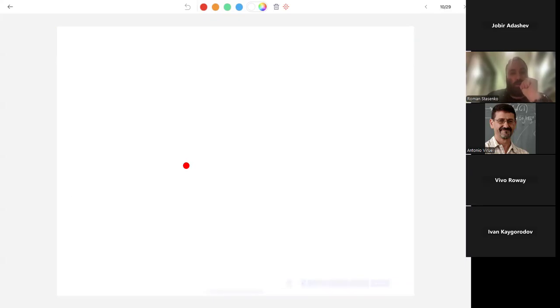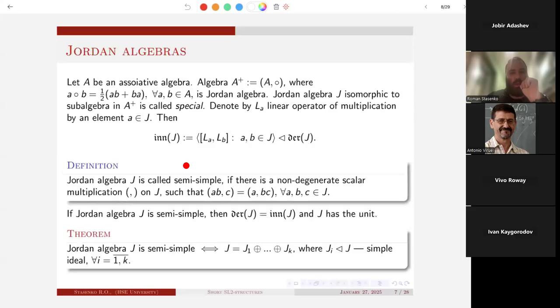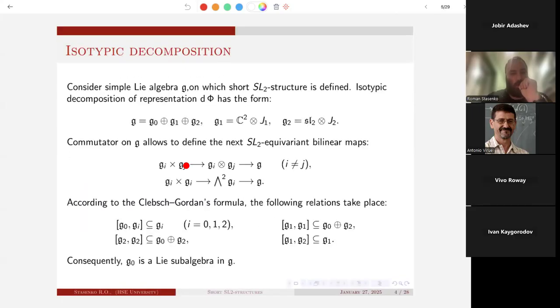So we can use the commutator on the Lie algebra G, and it is an SL2-equivariant bilinear map from the tensor product of Gi and Gj to the tensor product.